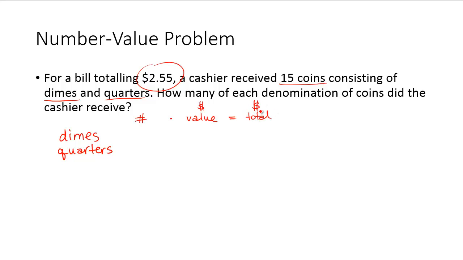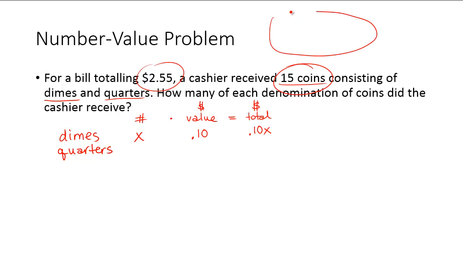dollars. So you could say, well, we don't know how many dimes we have, so let's call that X, but we know that each dime is 10 cents, so that tells us that all of the dimes will give us this much money. Now the quarters, we don't know how many of those we have either, but we know we have 15 coins in total.